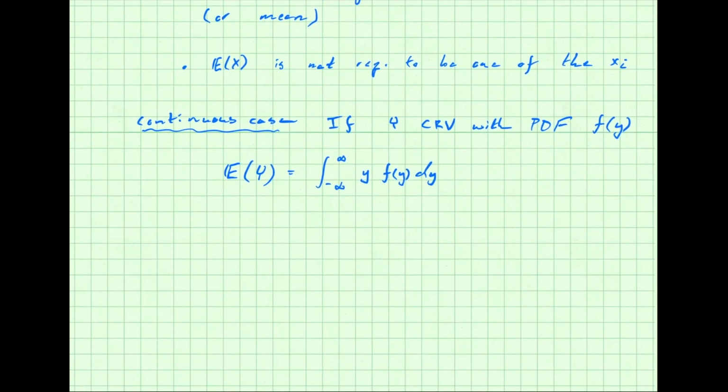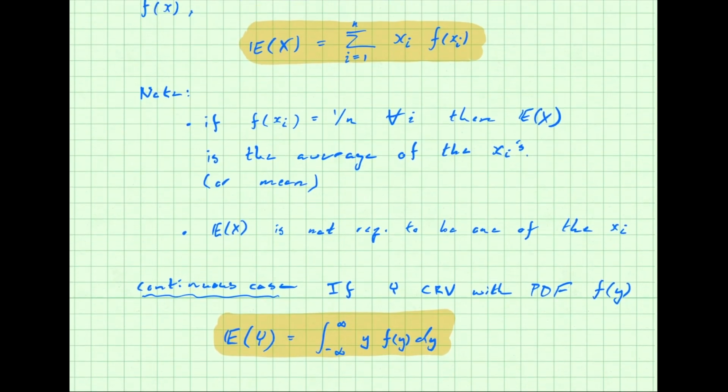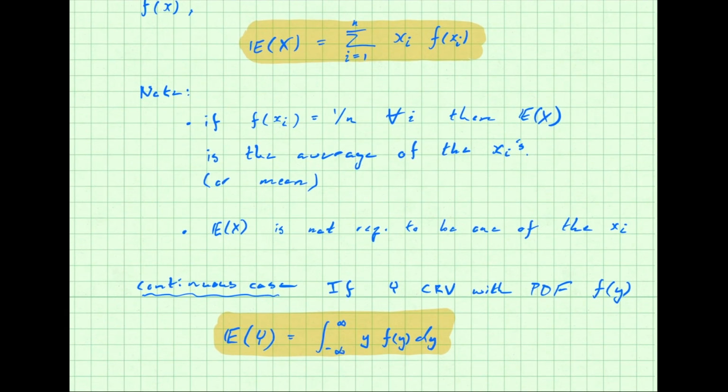That's the expected value for the continuous case, and I'll highlight that one as well, because it's kind of a definition. I'll pause there and let you look at the two things right next to each other. It should be sort of sensible what's going on here.